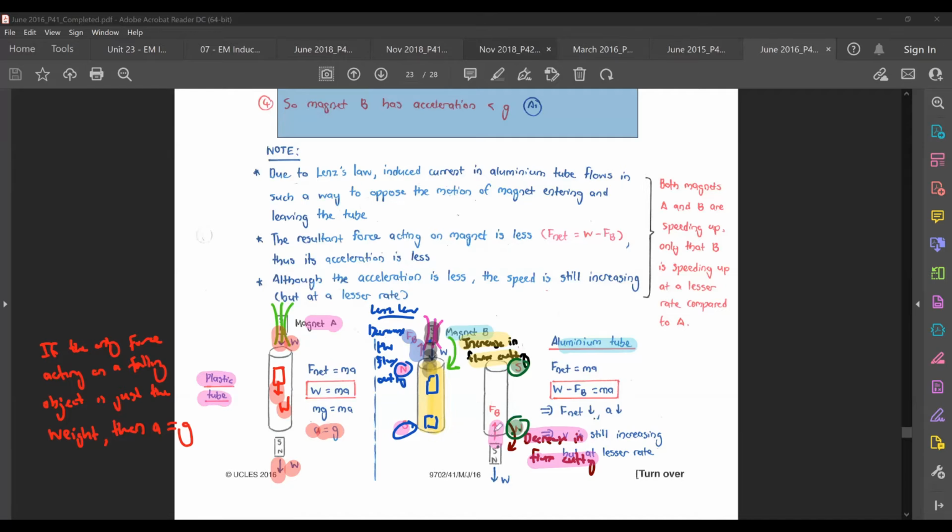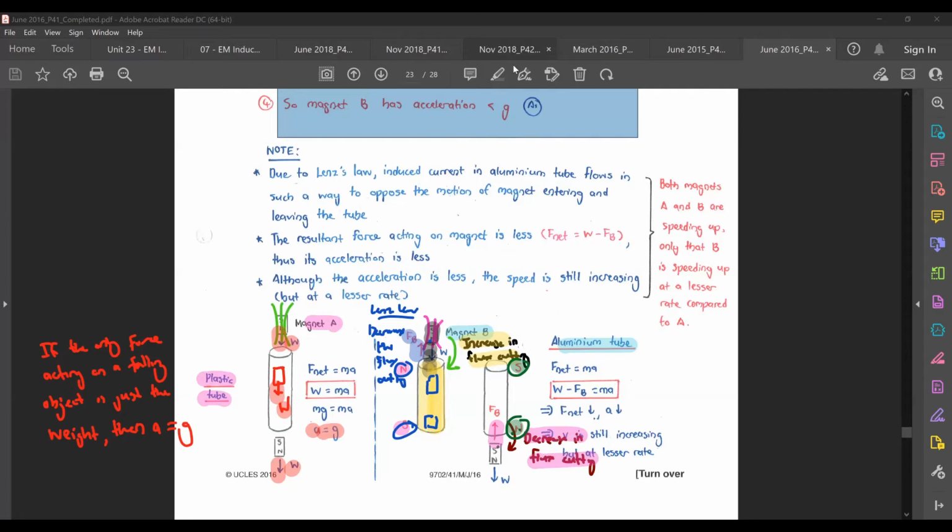That's why your induced current will flow in such a way as to suck the magnet back in. Okay? Right? So you see, going in, you have one direction of induced current. Going out, you also have one direction of induced current. It's basically trying to oppose your magnet from coming in. It's also trying to oppose your magnet from going out. Okay? Now, from here, you can actually see one thing.